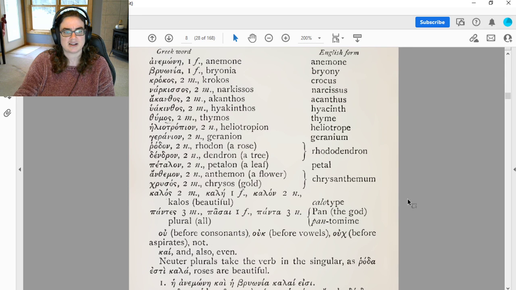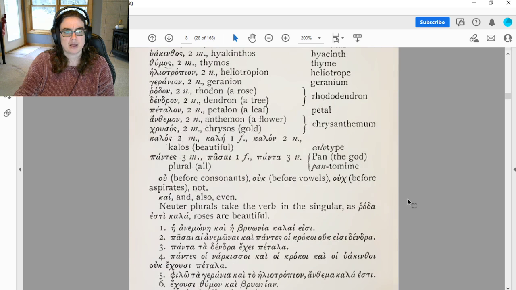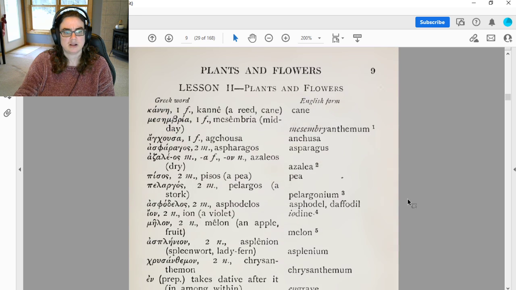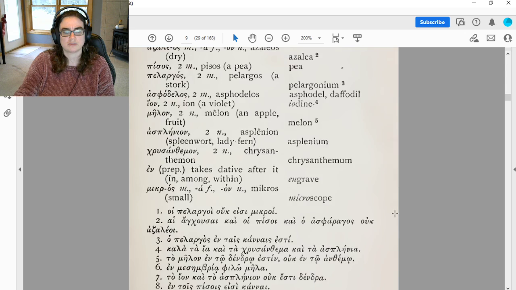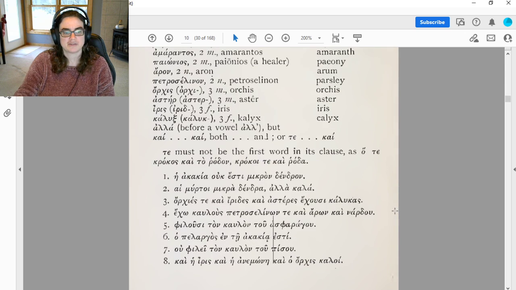I know we had it last time. A stork. Okay, close enough. The stork is in the acacia. Right, just hanging out among the reeds, but not reeds, acacia.